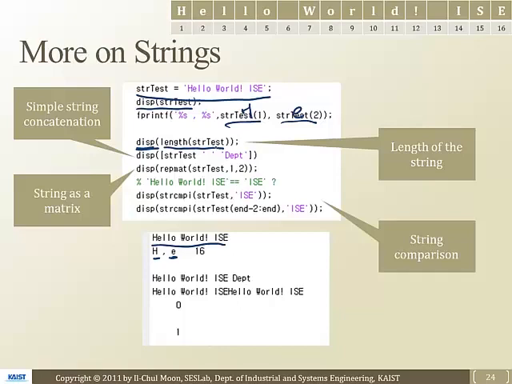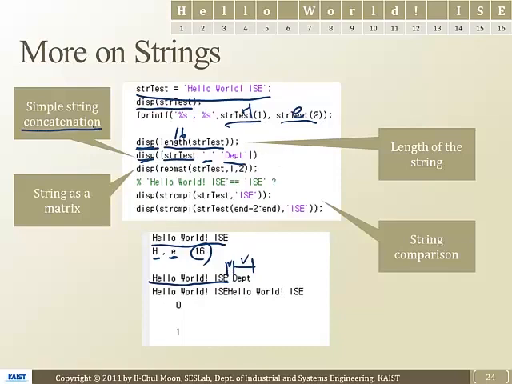The length of the string, intuitively, is 16. So actually 16 is printed out well. And then display here, string test up until here, and there is a blank here, and then another string. So this is simple string concatenation.